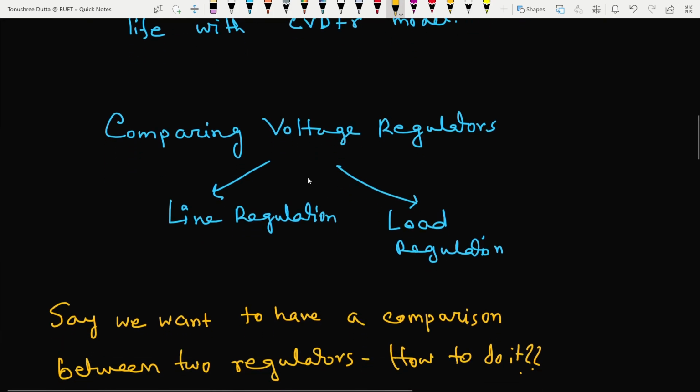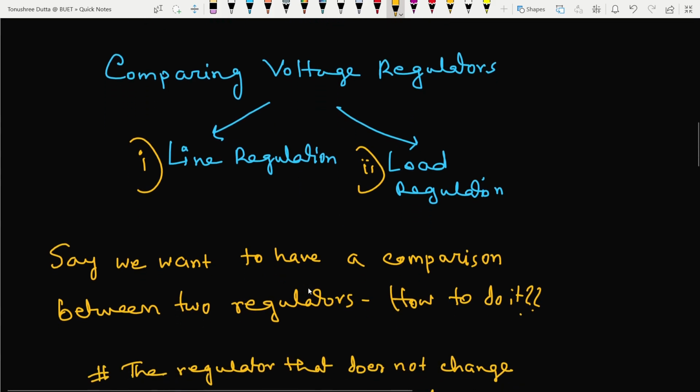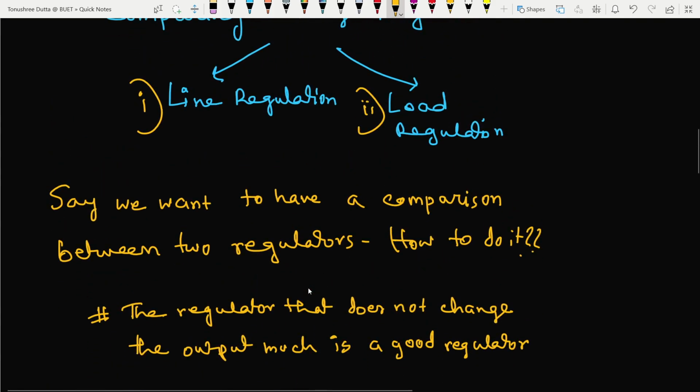So how do we compare voltage regulators? There are two ways. One is line regulation and two is load regulation. Before going into line regulation and load regulation, first we want to see how you know that a voltage regulator is a good one. To know that our regulator is working properly, we need to see that our output keeps at a certain level whatever the changes in the input are.